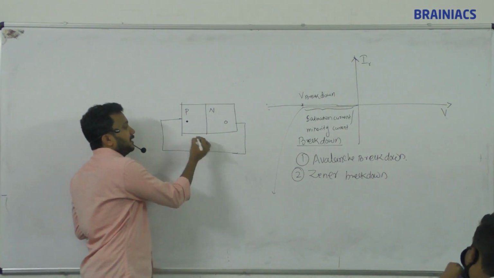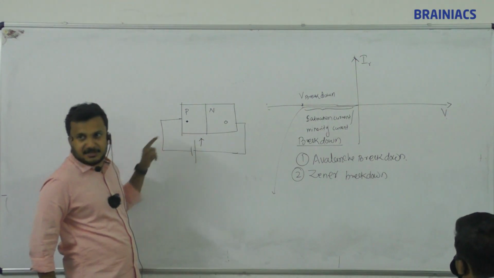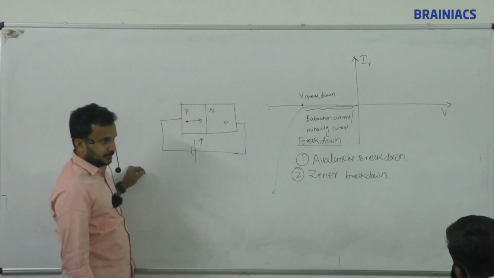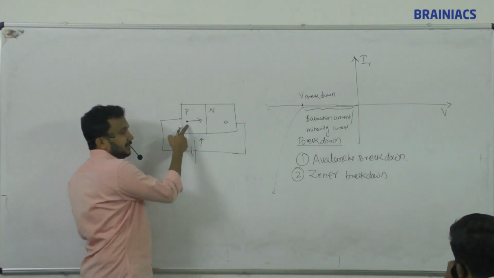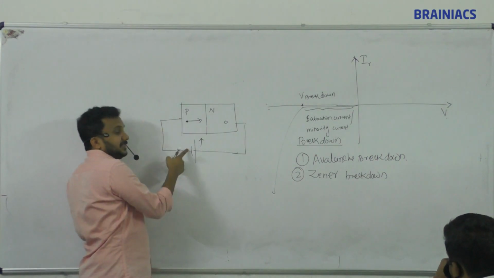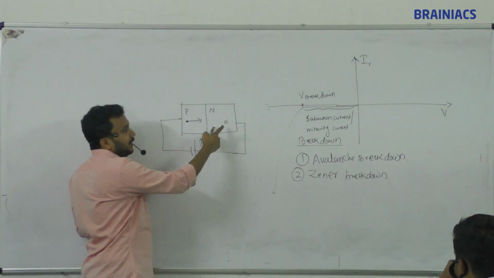Whenever you increase the reverse voltage, what happens to these minority carriers? Their speed of movement is very fast. The minority carrier in P type is repelled by the battery, and this is a hole.